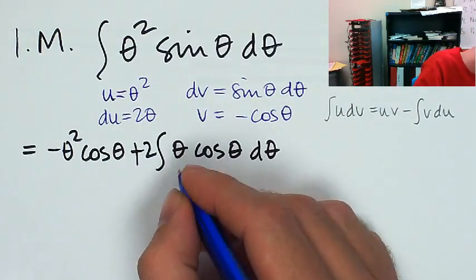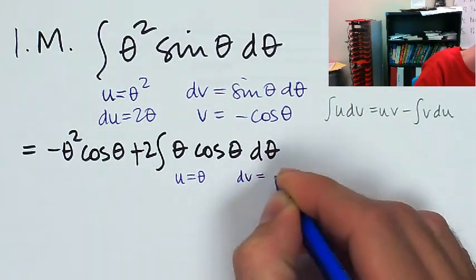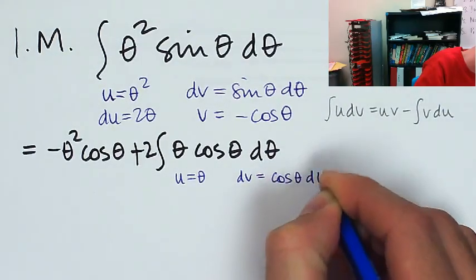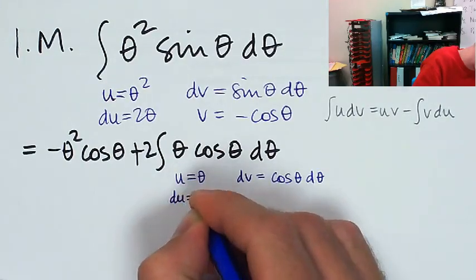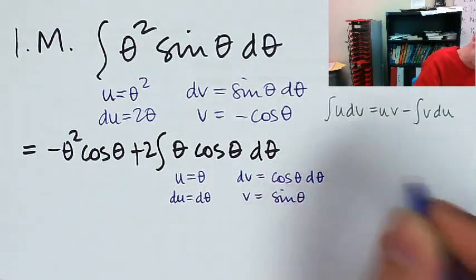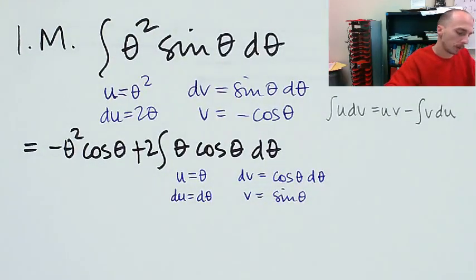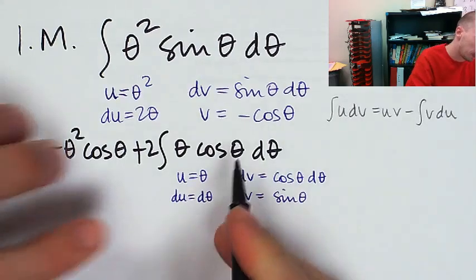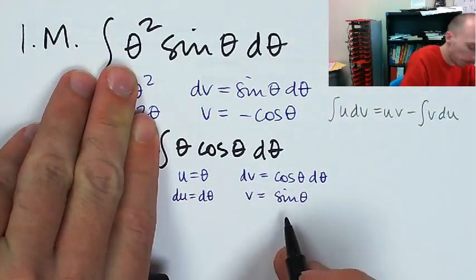So algebra before trig: u equals theta, dv equals cosine theta d theta. Because this is this integral right here, I'm really ignoring all of this stuff. I'm just working over here.